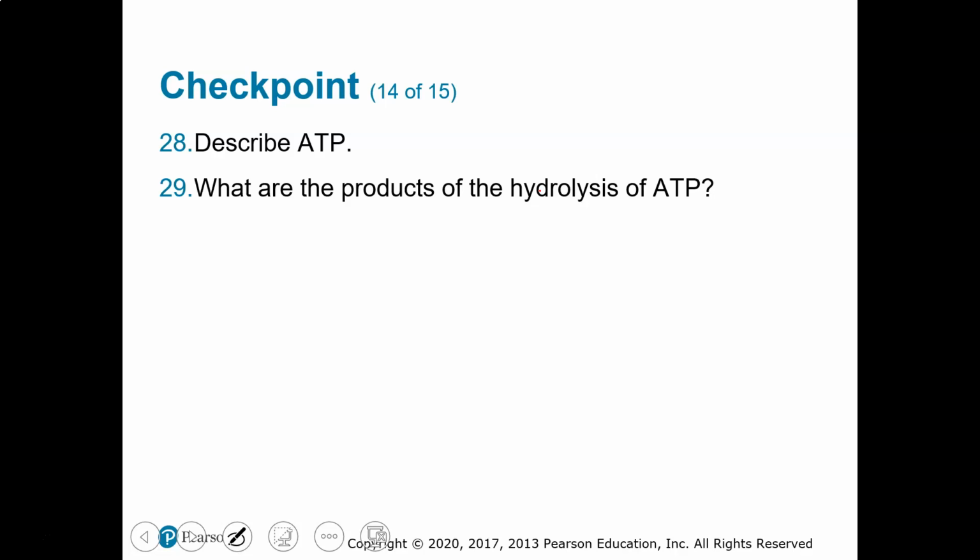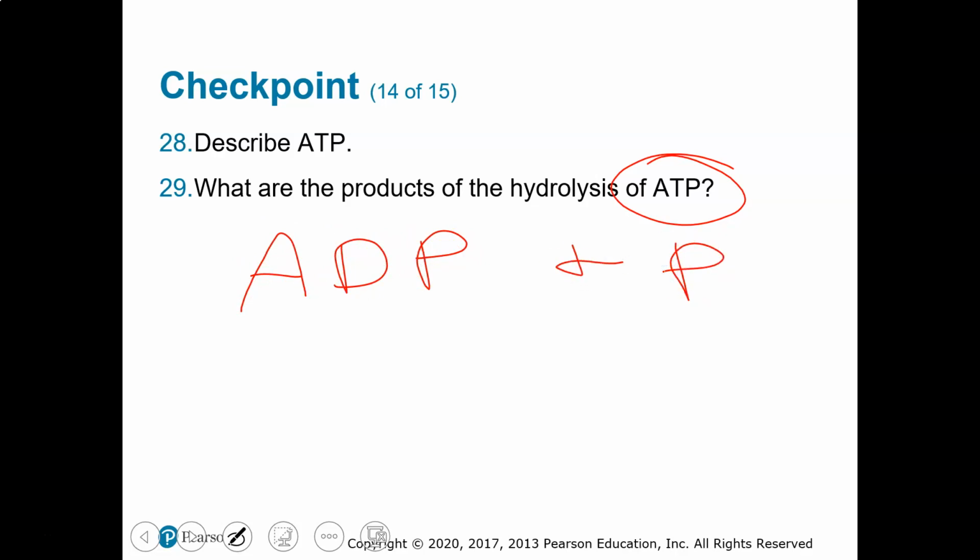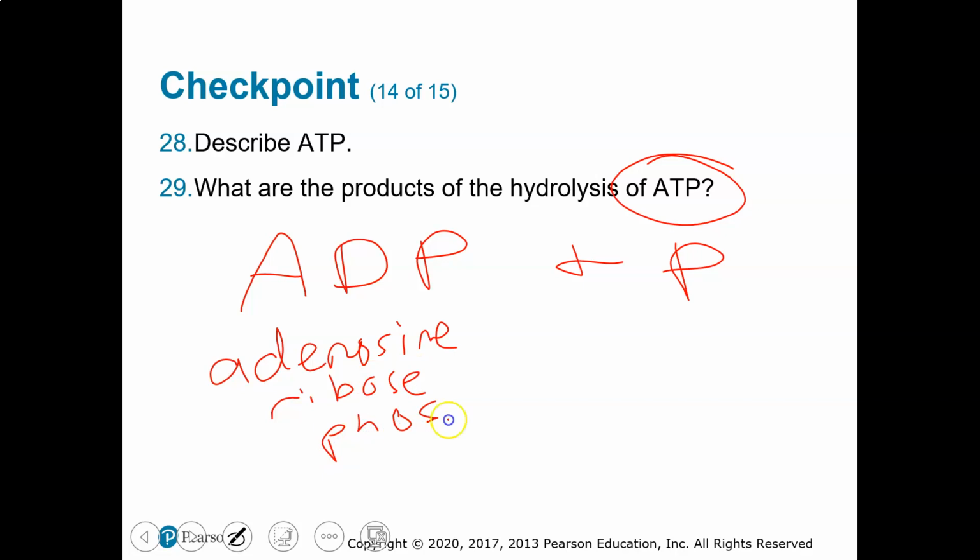And when ATP is hydrolyzed, the hydrolysis of ATP results in ADP and phosphate. So in other words, it would be adenosine and ribose bonded with only two phosphate groups.